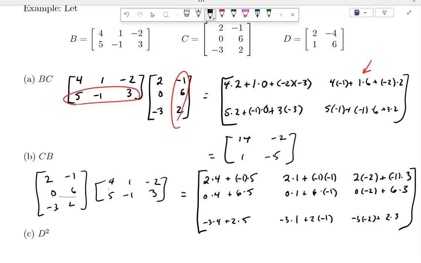So the next one's going to be 0 times 1, 6 times -1, and then 0 times -2 and 6 times 3 for that last one over here. Notice, as you go across your row, those first numbers in your products don't change, do they? I use the same numbers all the way across.